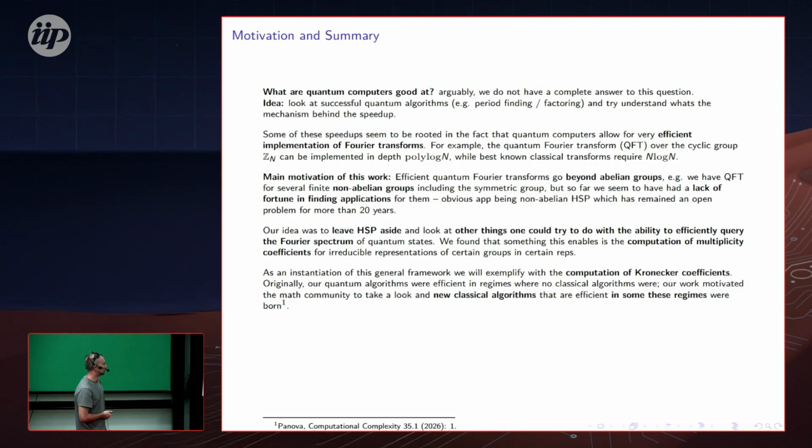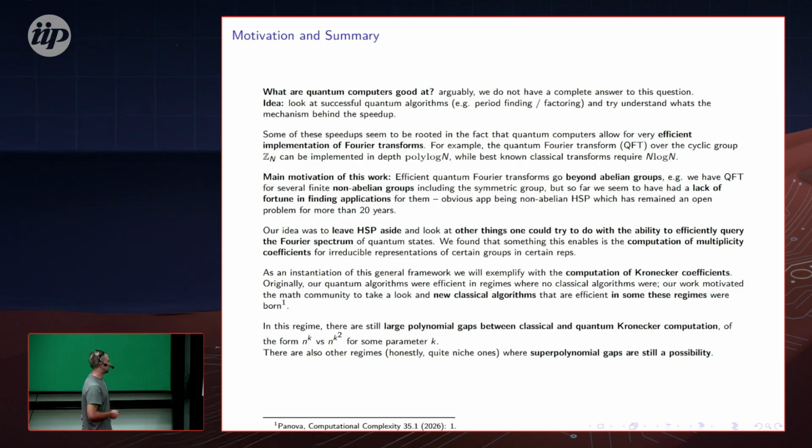The algorithm we found is efficient in certain regimes where no classical algorithms were known at the time of putting the paper out. Then the math community took a look at it, and there are also classical algorithms in these same regimes. Yet there are still large polynomial gaps.